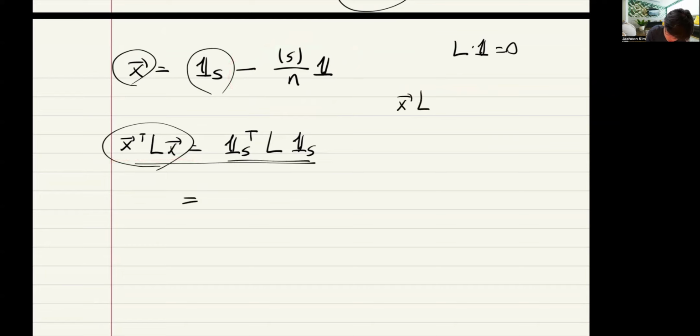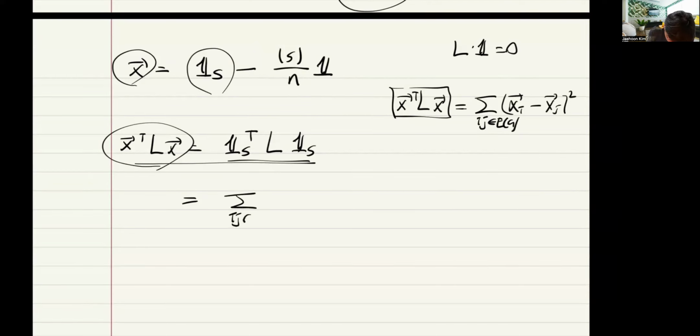As we mentioned before, if you have this expression, this quadratic form, this is nothing but you take the xi coordinate minus xj coordinate, and then take the square for all ij in the edges. In the same way, here, again, for all edges, you take the i's coordinate of this vector minus j's coordinate of this vector, and then you take the square.